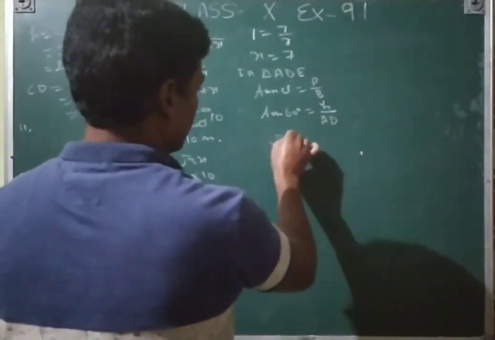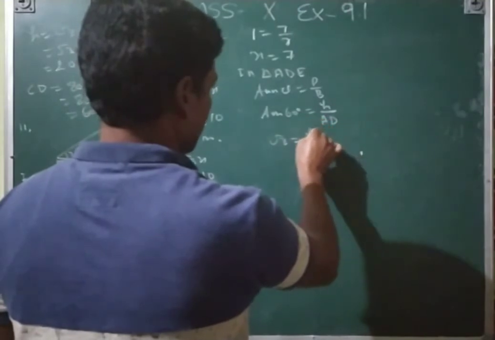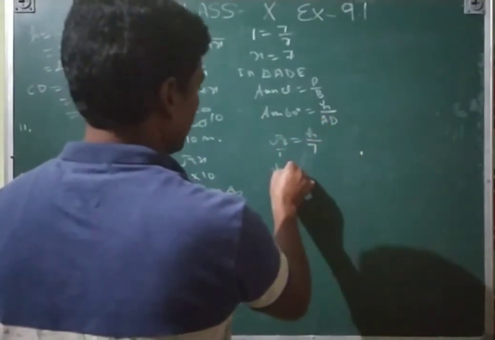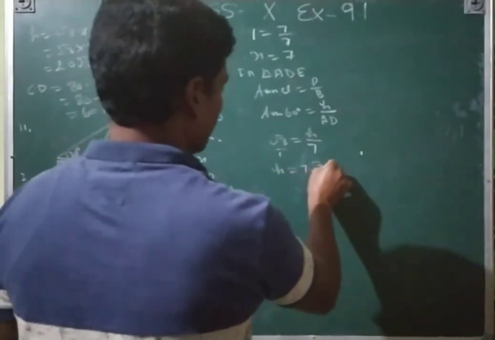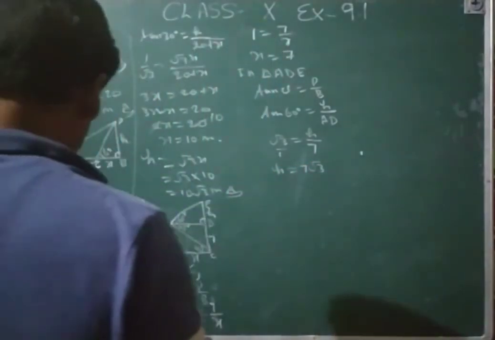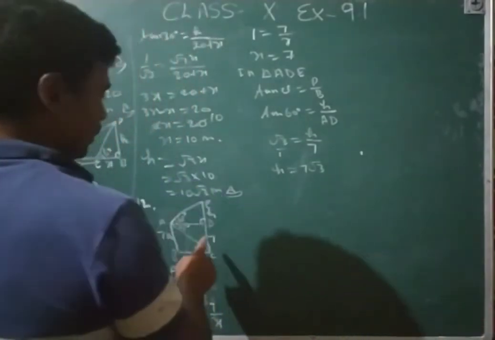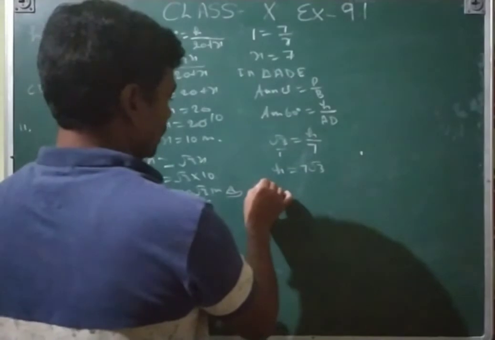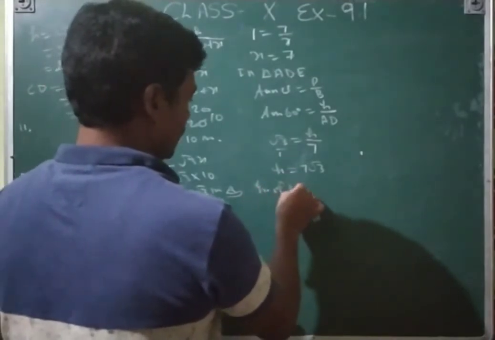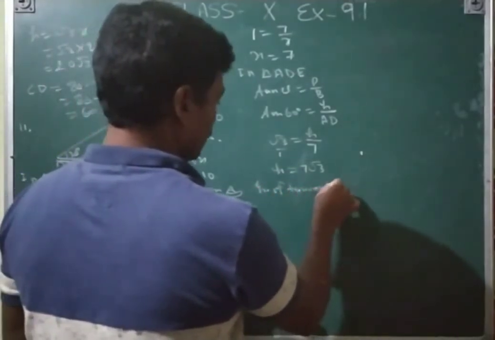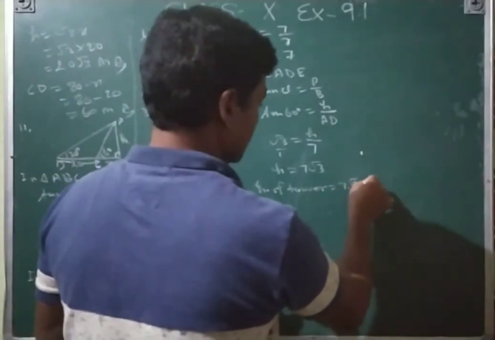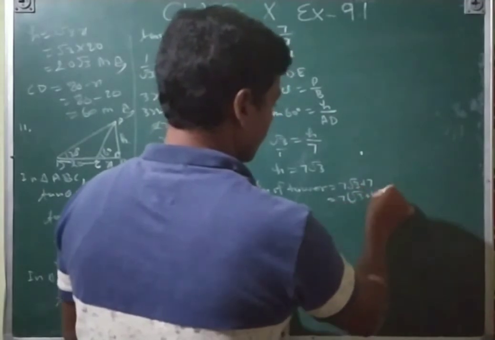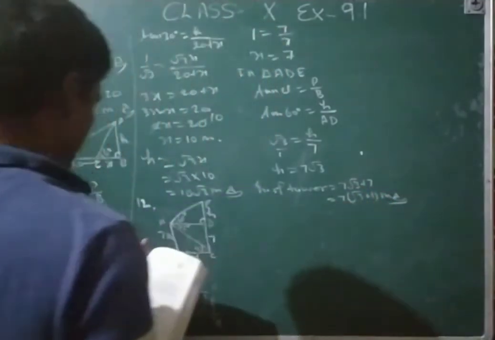So root 3 is equal to H upon AD, which we have already found to be 7. So by cross multiplying, H is equal to 7 root 3. Now this is also part of the tower. So the height of the tower is equal to 7 root 3 plus 7. So 7 is common, so 7 times root 3 plus 1 meter. This is the final answer.